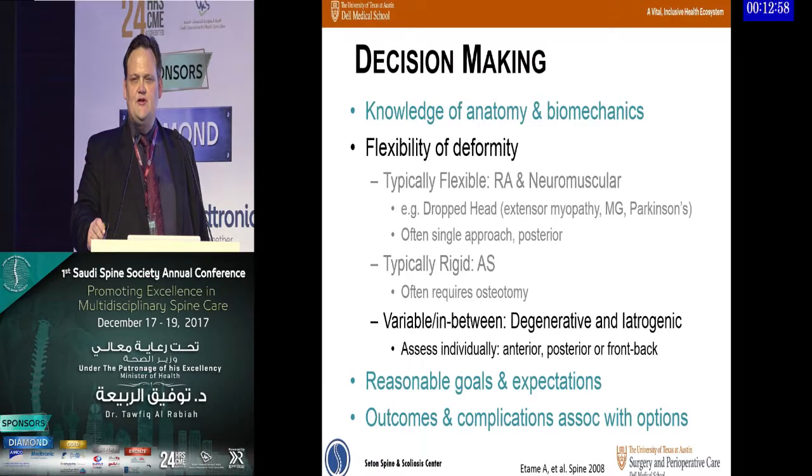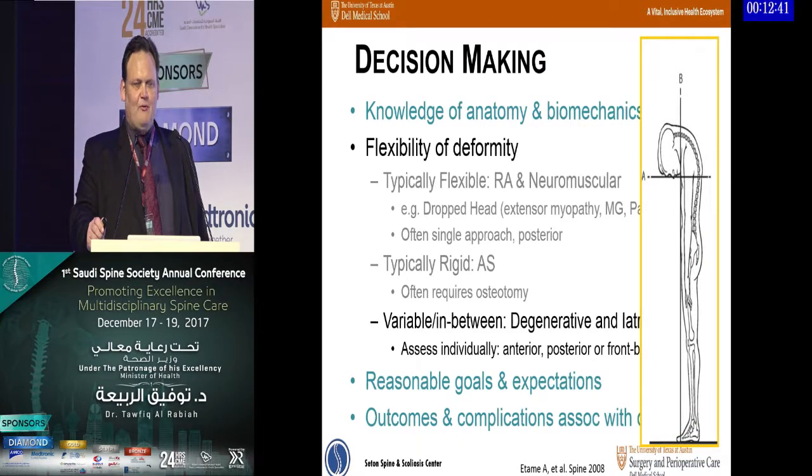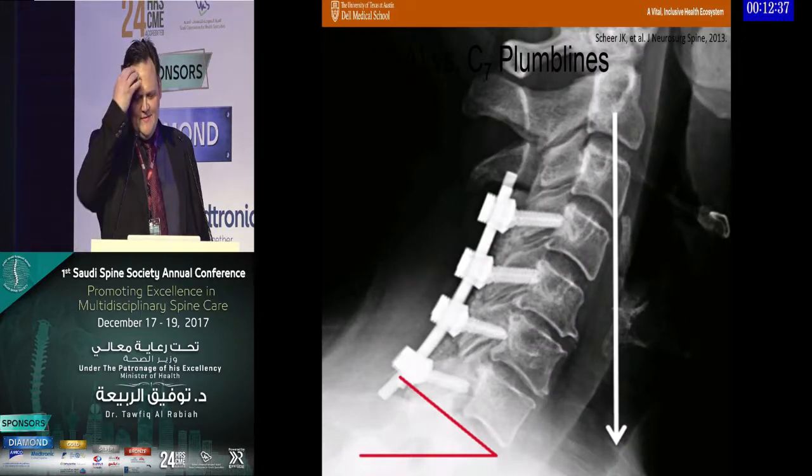There's also the very rigid deformities associated with ankylosing spondylitis that require osteotomies, but in the majority of degenerative indications and the majority of iatrogenic postoperative indications, it tends to be a fairly in-between situation in terms of stiffness. So we're not really talking about the chin-on-chest patients here. Those are better candidates for osteotomies.